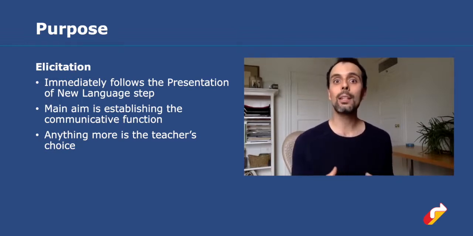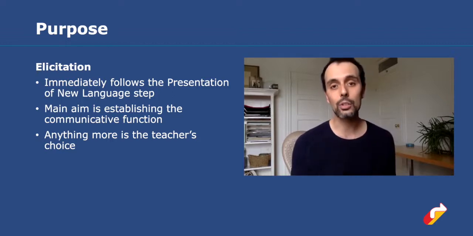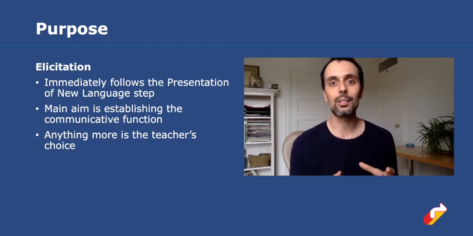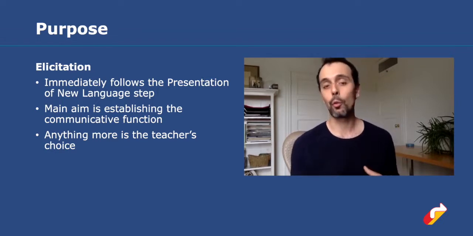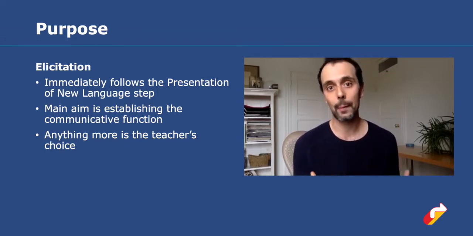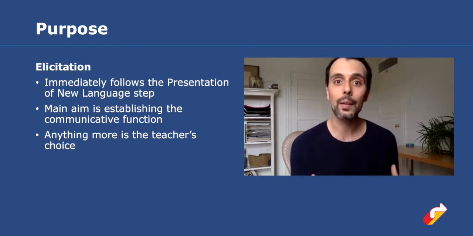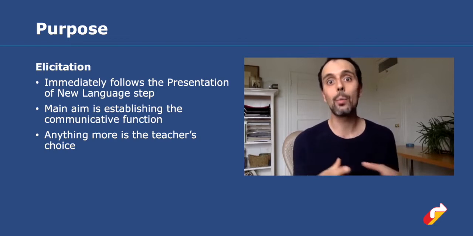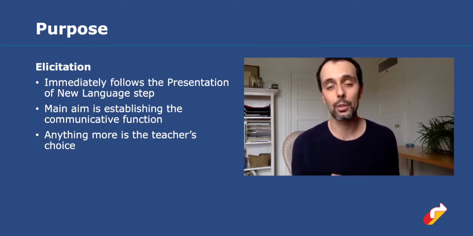The first step in doing this is to establish the communicative function of the grammar. In other words, this is why we use the grammar, for what communicative purpose we use the grammar. That's the only real requirement of the elicitation step. Students should finish that step understanding why we use the grammar, or the communicative function.